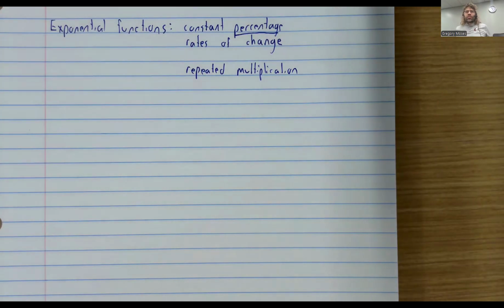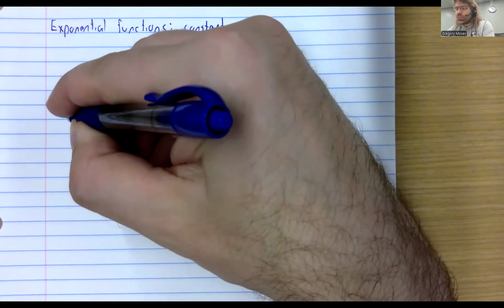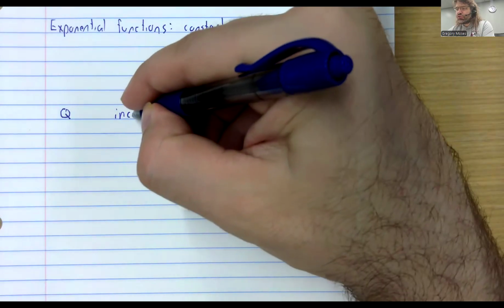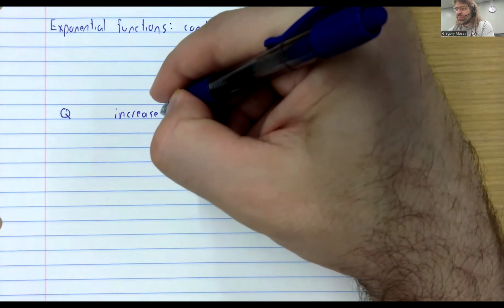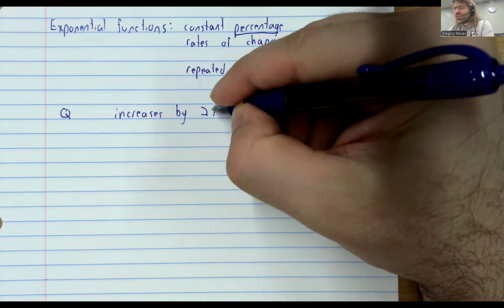So suppose you have a quantity Q, and this quantity increases by 2%.